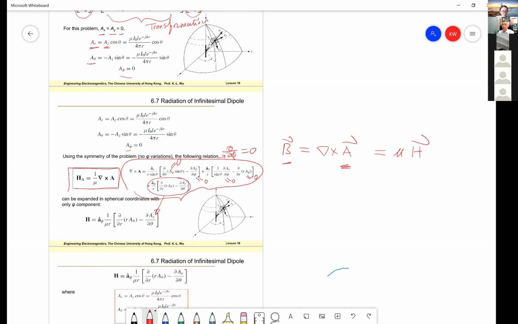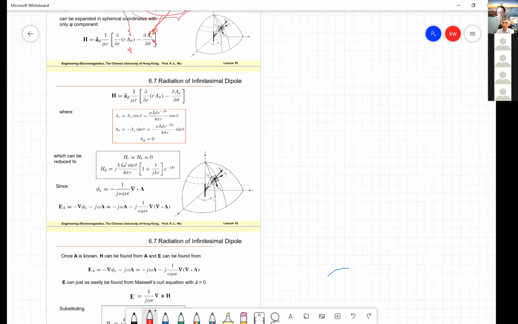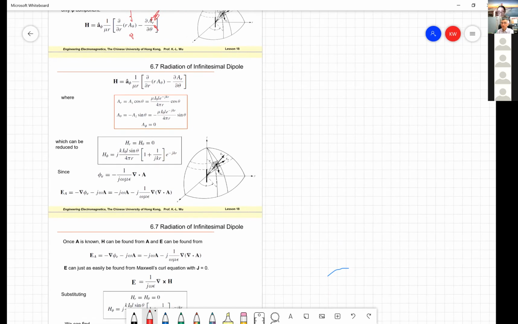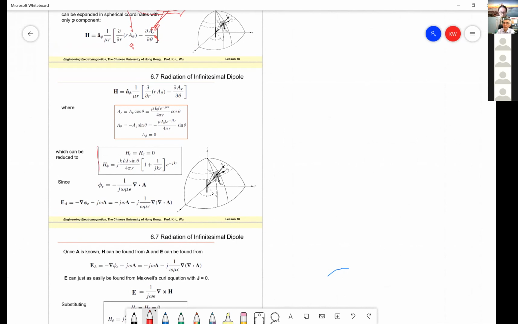Okay, the only component left. And we have the A r component and the A theta component. You only need to substitute them into this, okay? So you substitute the A theta component and the A r component into this, and you can find this.